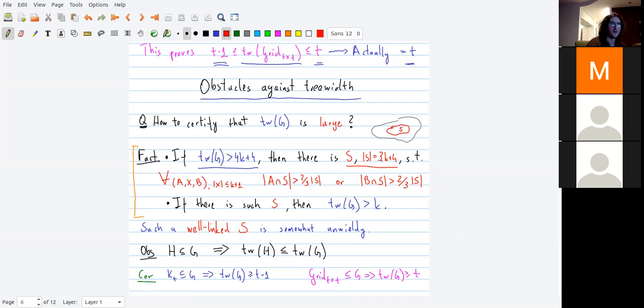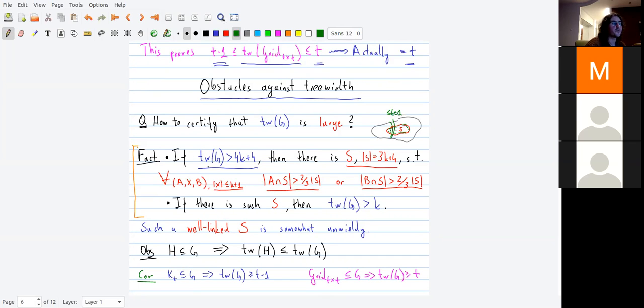A set of 3k plus 4 vertices, such that for every separation with the separator being of size at most k plus 1, either the left side or the right side of the separation contains more than 2/3 of the vertices of S. So if I try to break my set S using a small separator, at most k plus 1, I cannot break it in a balanced way. There must be a side that is large and a side that is small.